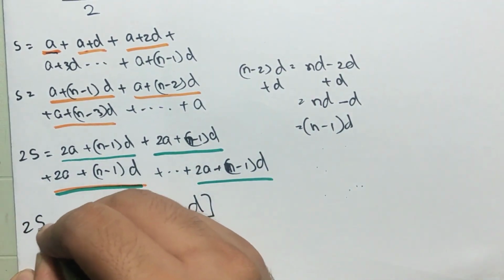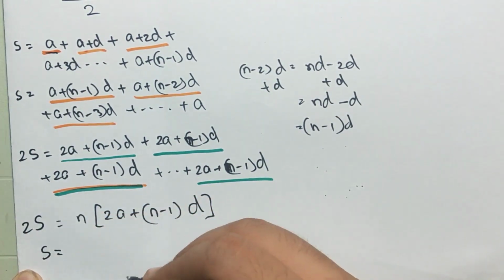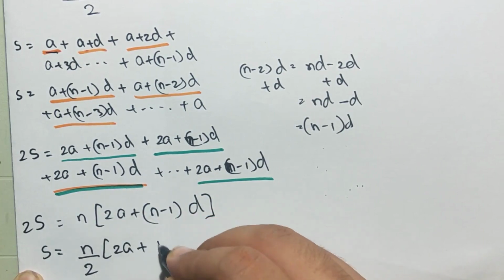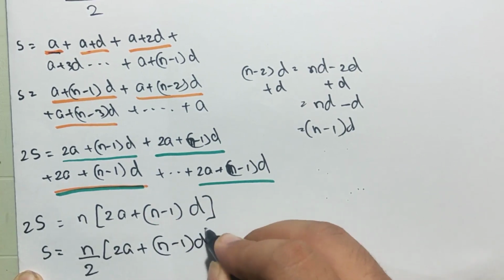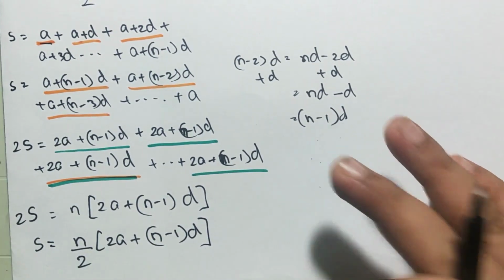This was equal to 2s. This 2 will come in the denominator, so s will be equal to n divided by 2, times 2a plus n minus 1d.